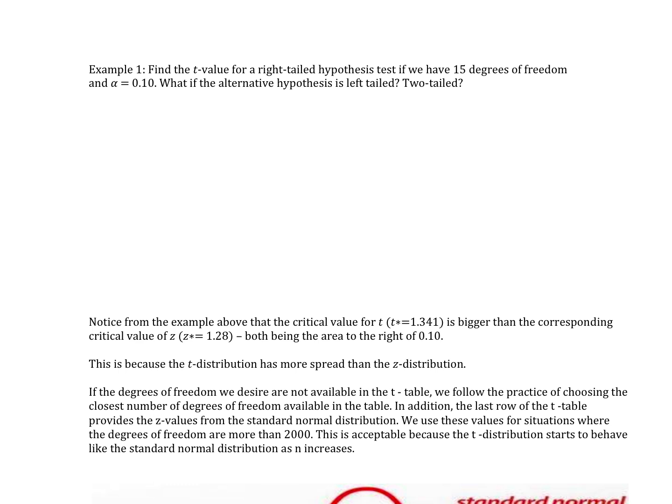Example 1, find the t-value for a right-tailed hypothesis test if we have 15 degrees of freedom and alpha equals 0.10. So when we're looking at this, guys, if you look at the top, it says two-tailed area and one-tailed area. You match up your alpha based off of if it's two-tailed or one-tailed, so pay attention, okay?